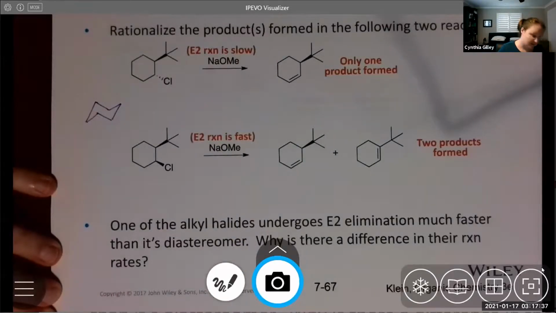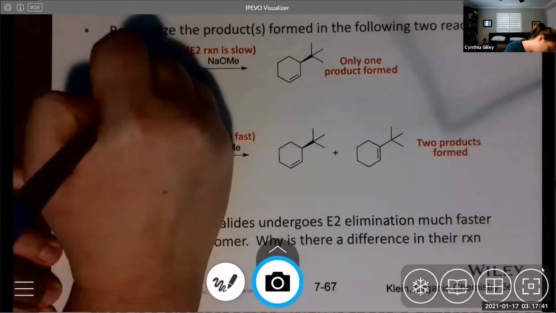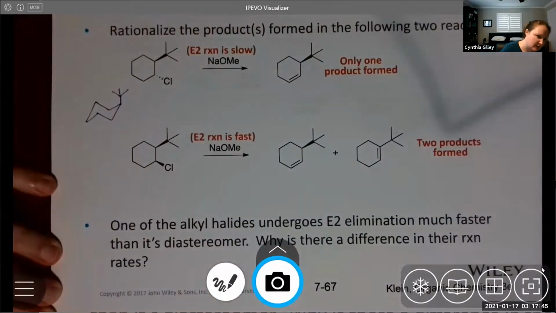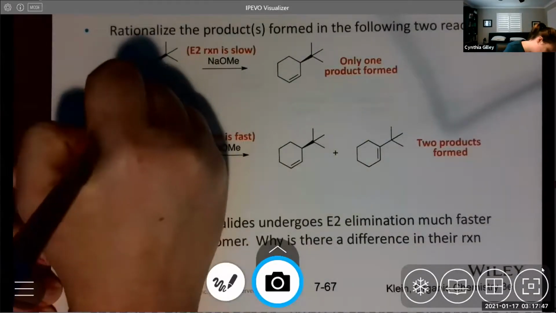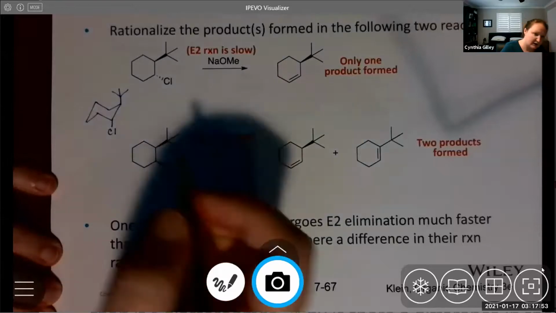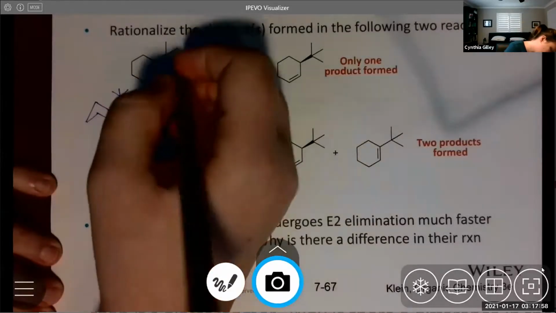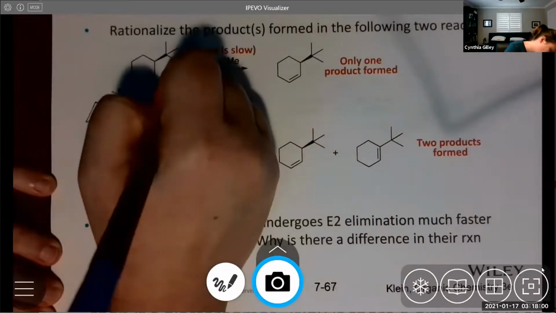So I'm just going to draw the tert-butyl here up and axial, and then the chlorine down and axial as well. So that's one chair conformation, but of course we know this chair can flip to the other chair conformation.